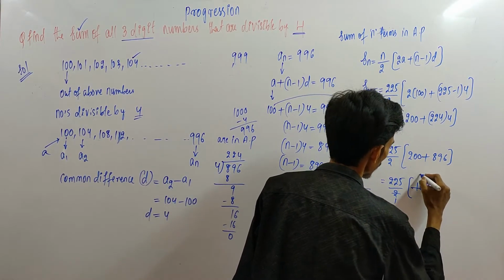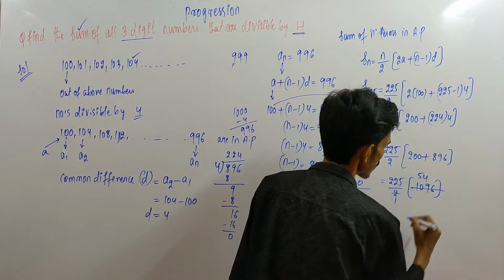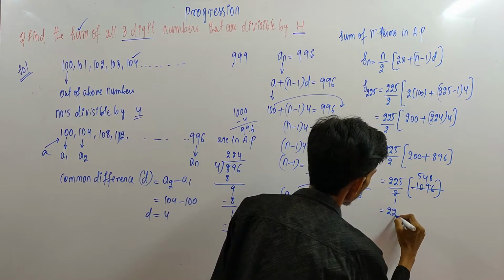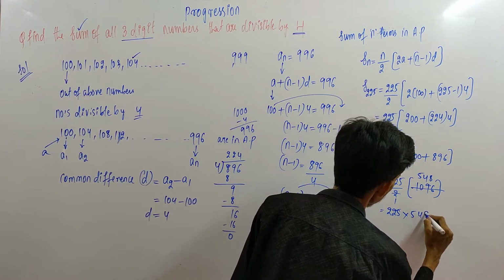2 1s are 2, 5s are 2, 4s are 8, 2 8s are 16. So we have 225 into 548.